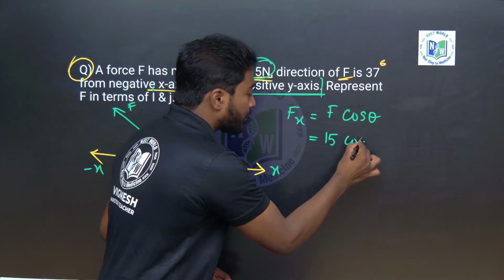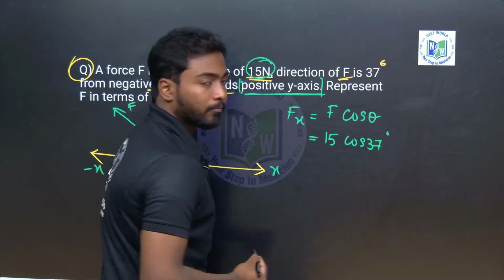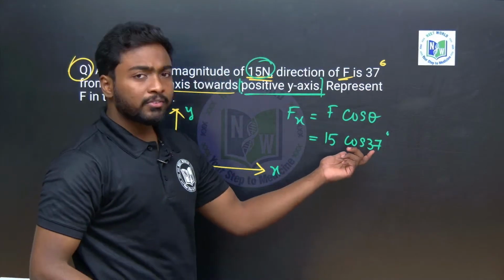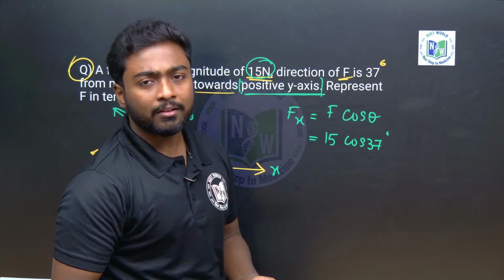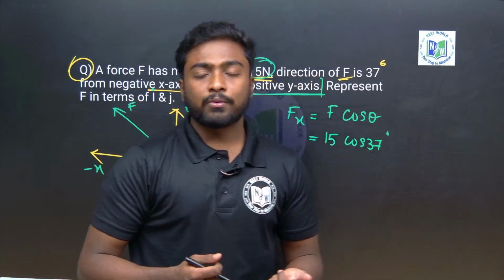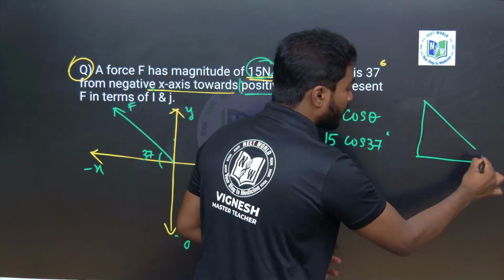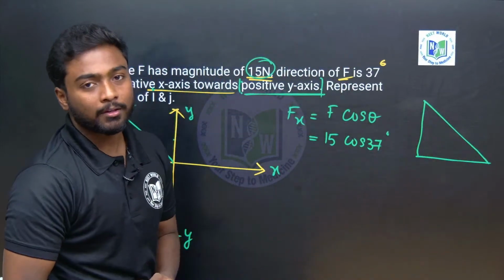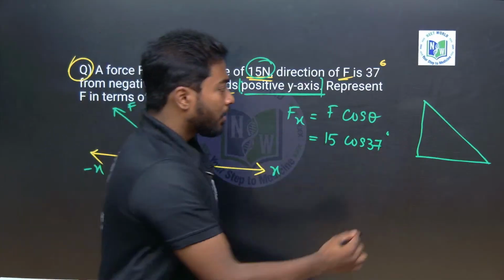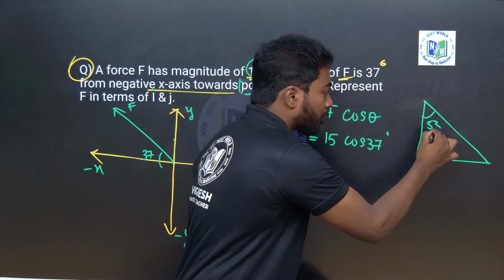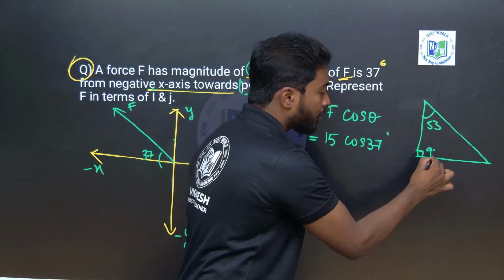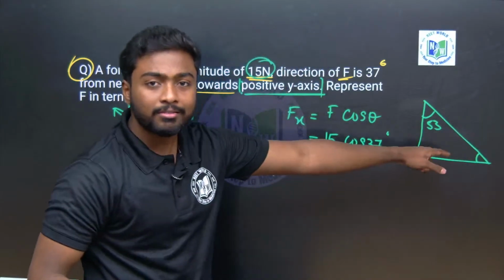We have seen how to find cos 37, sin 37, cos 53, sin 53 by using the 3, 4, 5 method. See, this is my 53, this is my 90, and this will obviously be 37 degree.